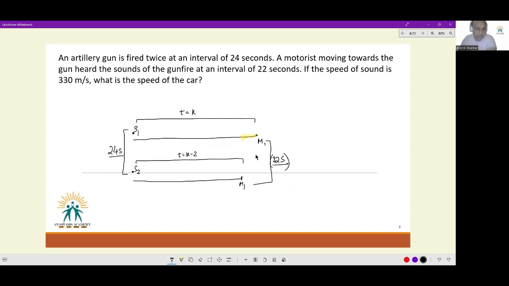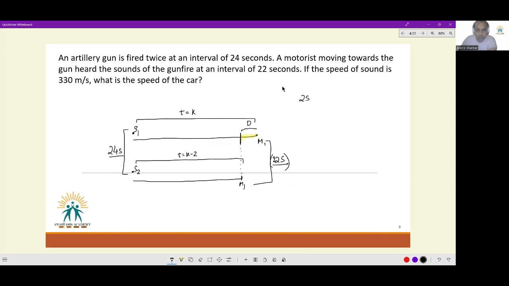What has exactly happened? In these 22 seconds, the motorist has covered some distance. And look at this special distance. This is where the game is. The motorist has covered this distance in 22 seconds.